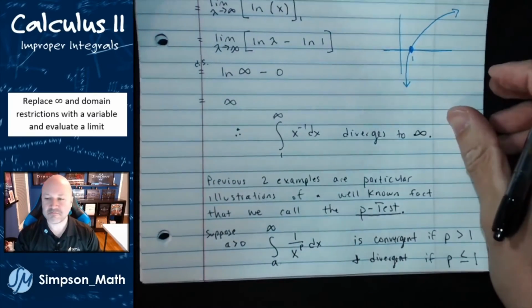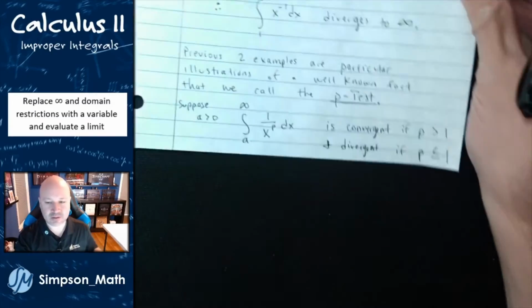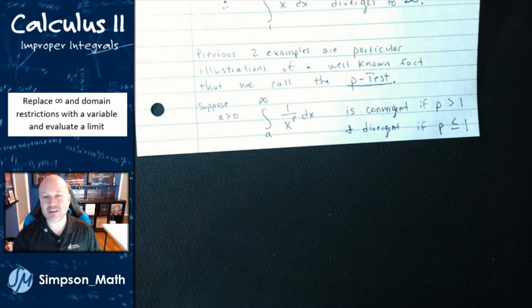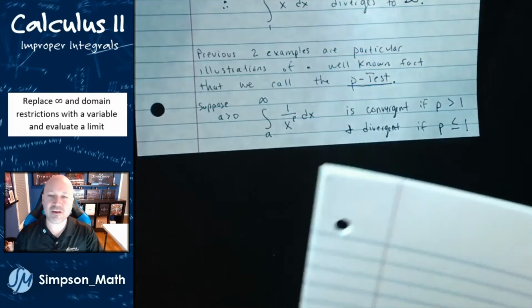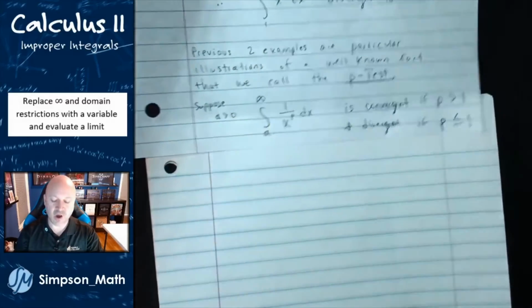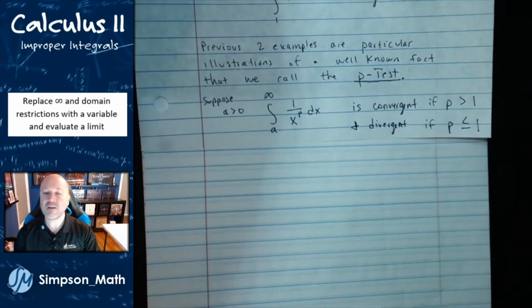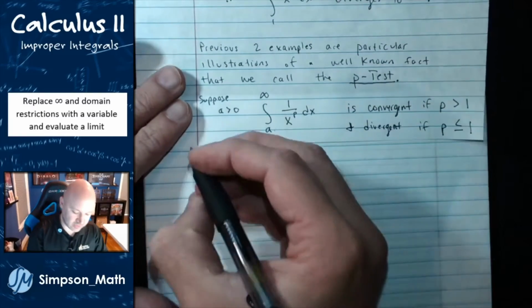All right, so let's do a quick little example where maybe you're not asked to evaluate the area or to integrate. All you want to know is, will this thing converge or will it diverge?